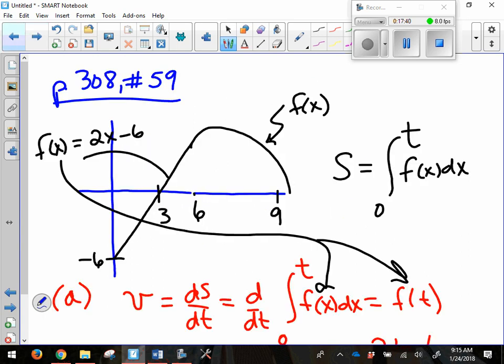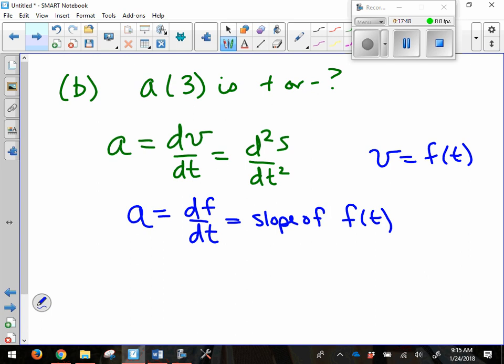But if we go back and look at our picture, is the slope here at 3 positive or negative? Positive. Okay, so that slope is going to be greater than 0. You can get it from the graph. You can get it from the equation that we had for v. Okay. You with me? We good?